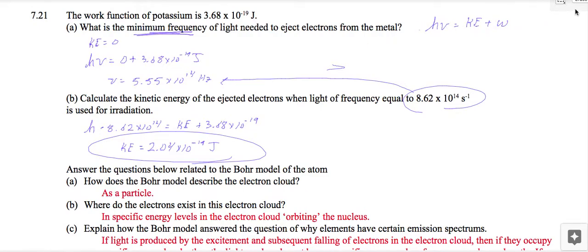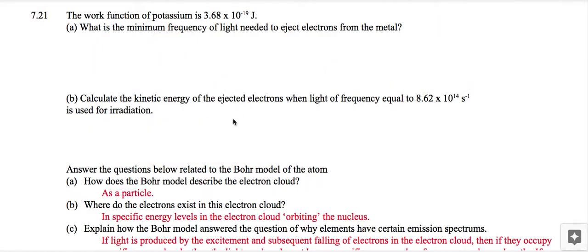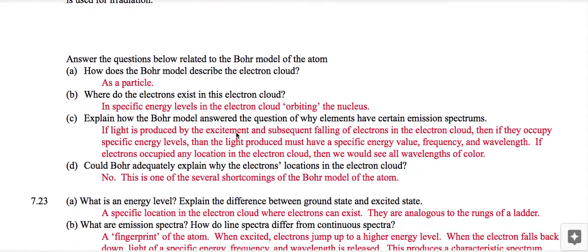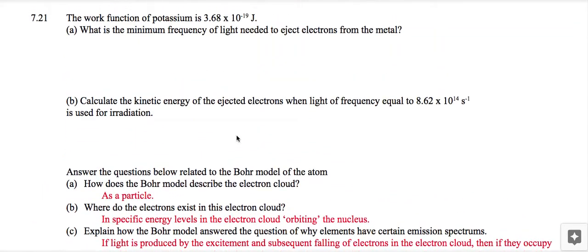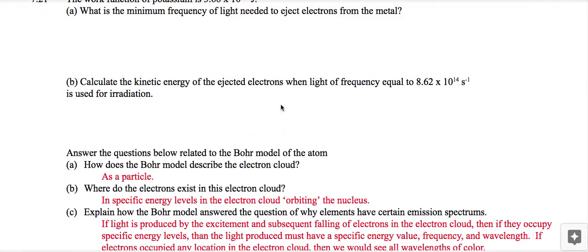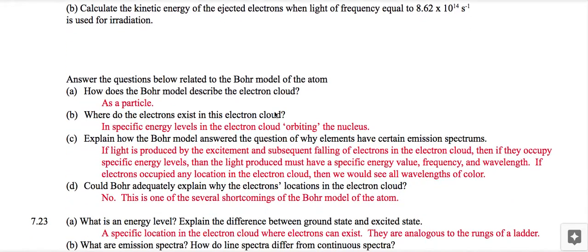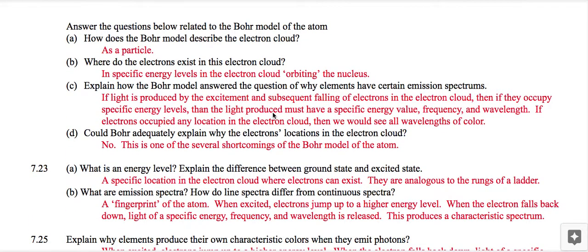Now we go on to the electron. This is now getting into part 2 of the dual wave particle nature. So now we start looking at the electron. And I think it's intuitive, or what we would think, if you were just to ask someone to describe light as either a wave or particle, they would say wave.